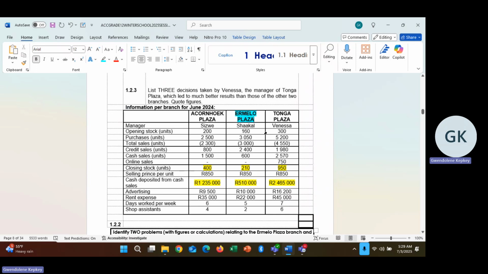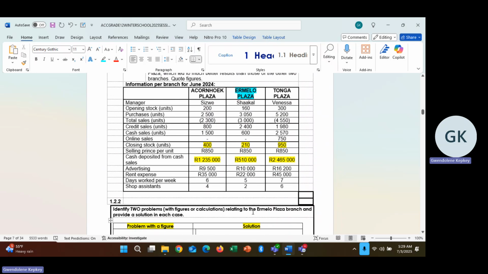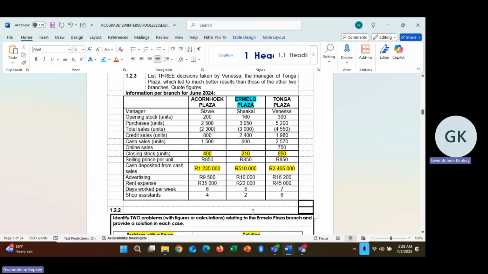We usually compare the branches. So the first item that I would highlight is we need to find out what percentage of its sales is for cash and what percentage of its sales is on credit. Okay, so I will look at percentage cash, I will look at percentage credit.